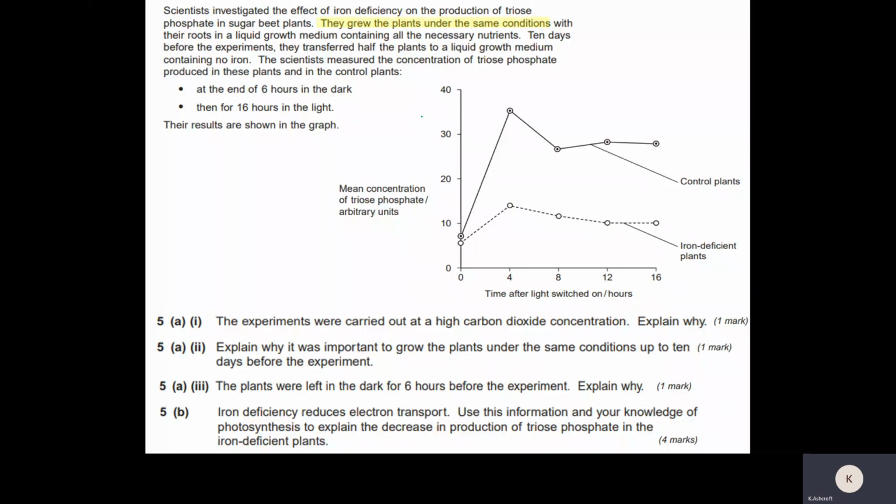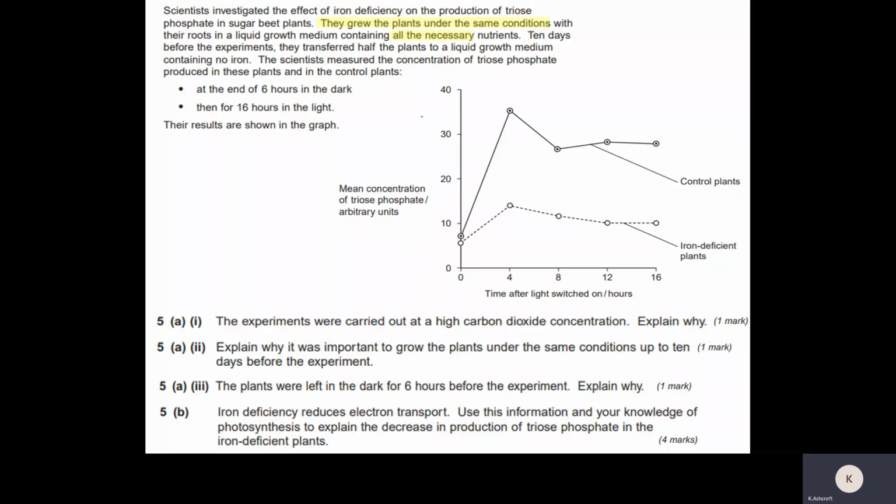So it says they grew sugar beet plants under the same conditions with their roots in liquid growth media containing all the necessary nutrients. That means they used a bunch of plants with a large sample size, ideally.